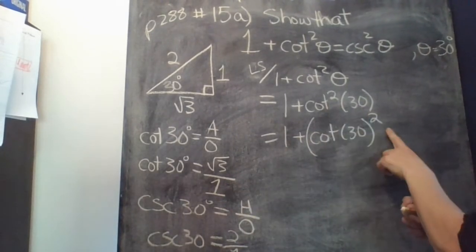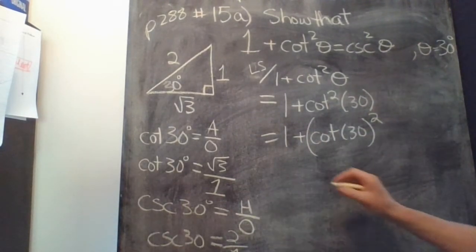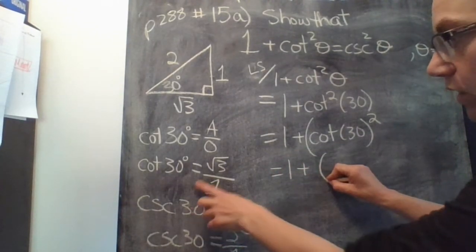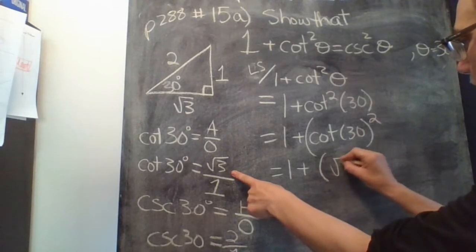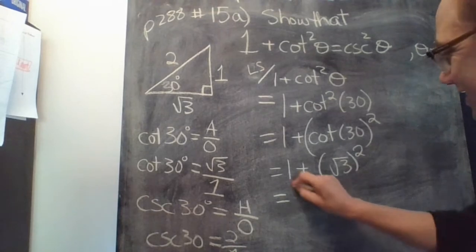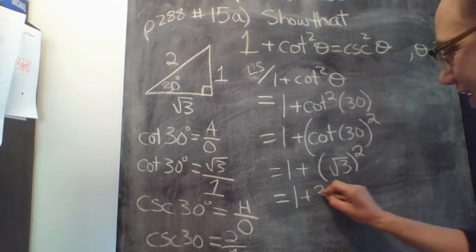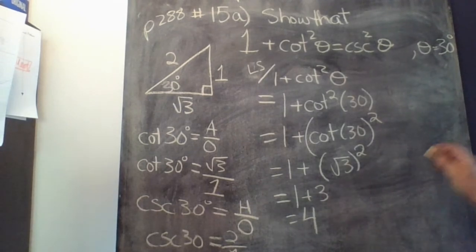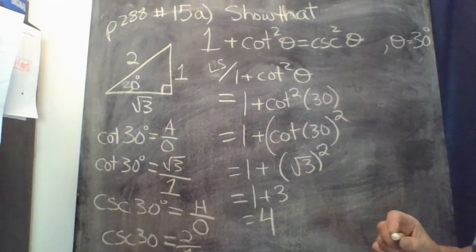Notice where the squared is. That just means it's squared to the outside. 1 plus cotangent 30, we figured out was root 3 squared. Oh, that's good. Root 3 squared, well, that just gives me 3. Oh, that's easy.